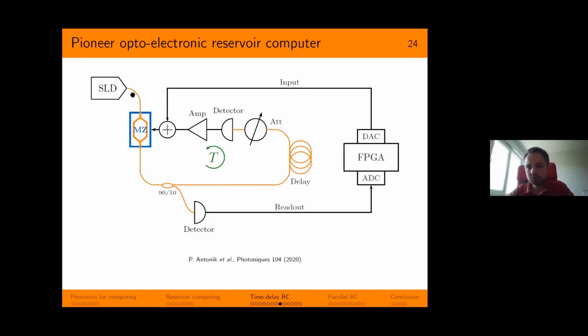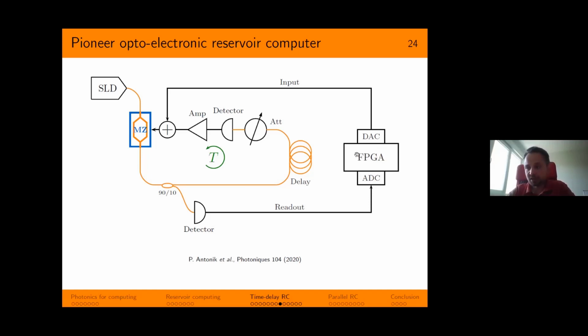We also have a light source here, an incoherent LED that works at the C-band in telecommunication at 1550 nanometers, the standard wavelength. And last but not least, we have some electronics that generate the signal and capture the reservoir states.